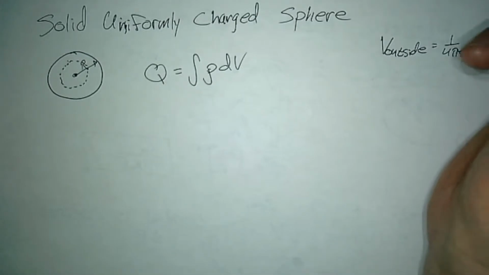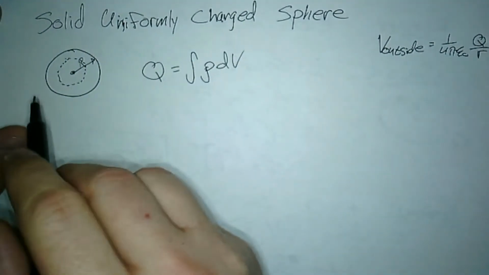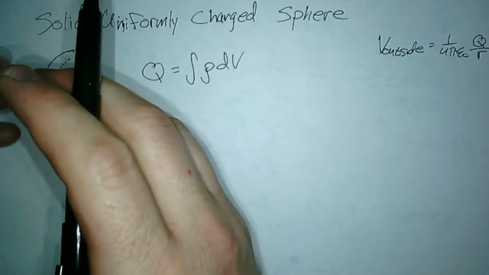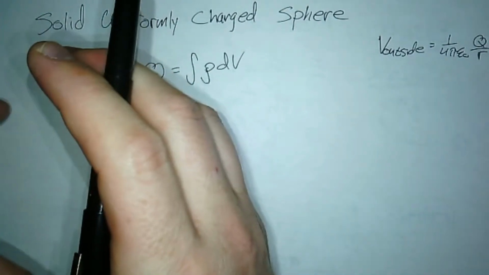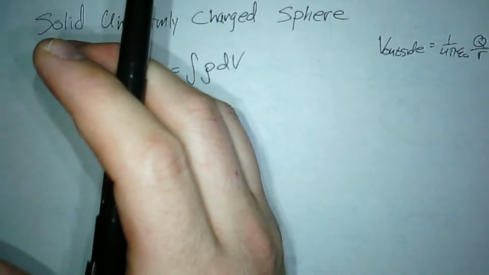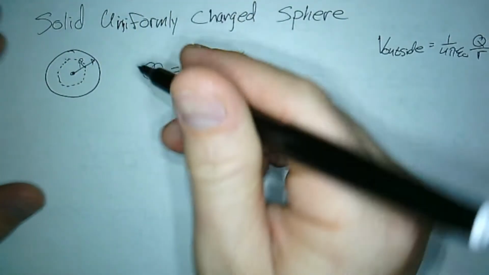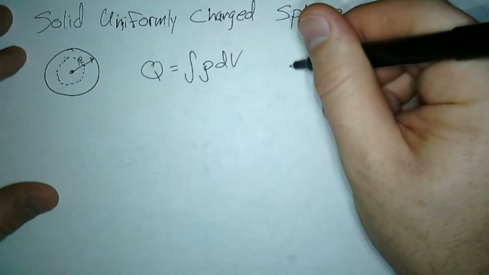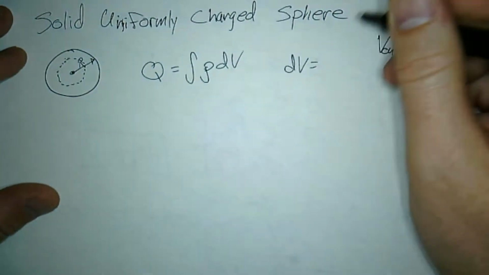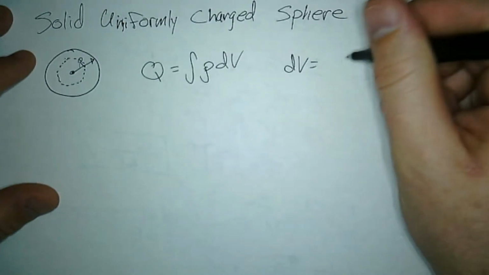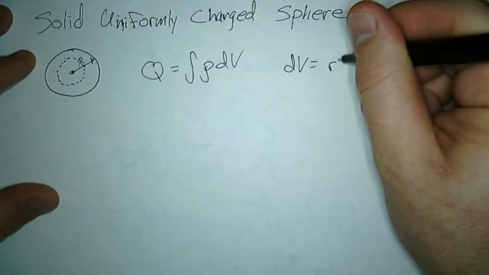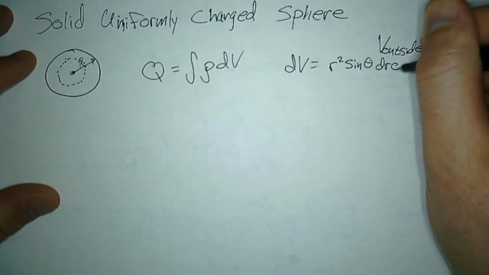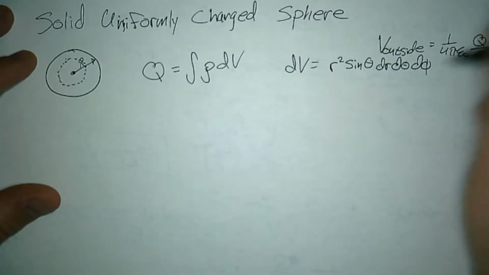Or we can kind of cheat and say, well, what if I say let's have a spherical shell? So, just a hollow sphere, a hollow ball, and we just keep lining them up and stacking them up. The Calc 3 way would be to say dV is equal to r squared sine theta dr d theta d phi.